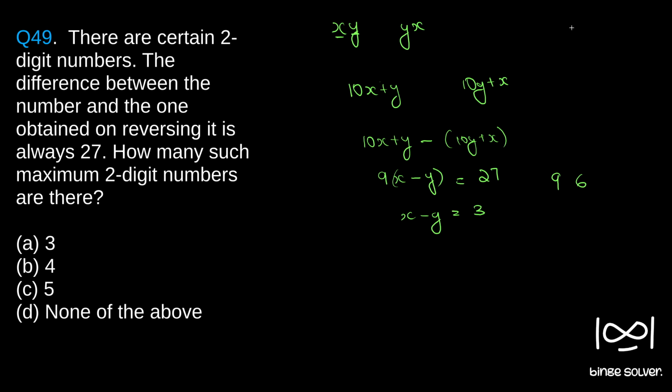So what does that mean? The numbers are 96 and 69. Similarly, 8, 5: 85 and 58 are 2 numbers that satisfy this condition. Then we have 7 and 4, where the difference is 3, so 74 and 47.